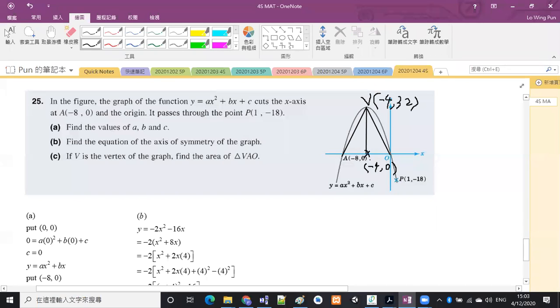But what we really need to do is to find the height. Okay, it should be 32 minus 0. So let me call this point W.